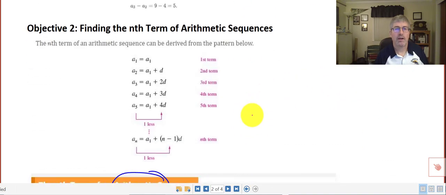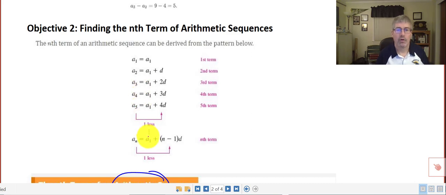Our second objective, finding the nth term of arithmetic sequences. Following this pattern, our second term is essentially the first term plus the difference. Our third term is the first term plus 2 times the difference. Our fourth term is the first term plus 3 times the difference, and so forth.